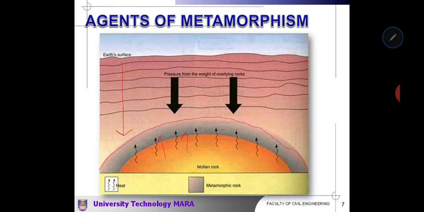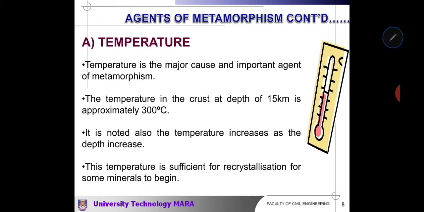The original rock will transform to new rock, and that rock we call metamorphic rock. For a depth of 15 kilometers, the temperature inside the earth is about 300 degrees Celsius. So this temperature is sufficient for recrystallization of some minerals to begin.